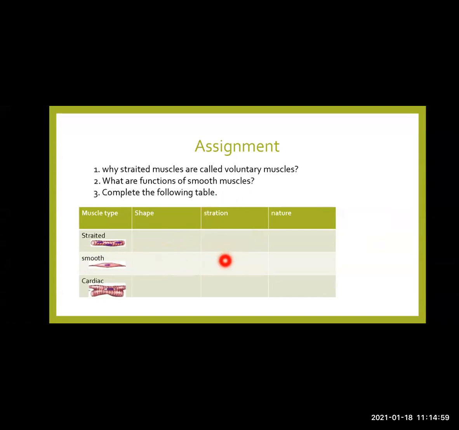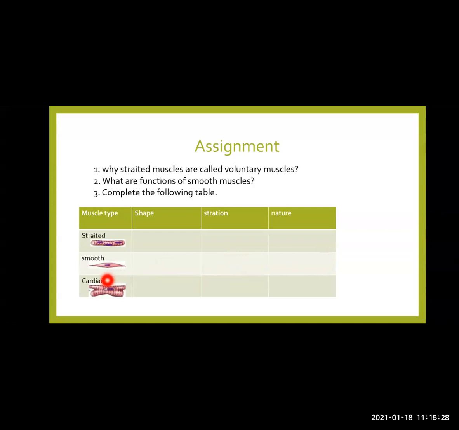Smooth muscles do not have dark and light bands, so striation is absent. Movement of the smooth muscle is not under the control of our will. Hence, it is also involuntary in nature.